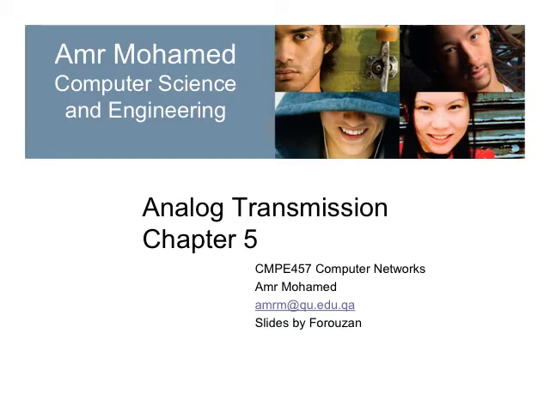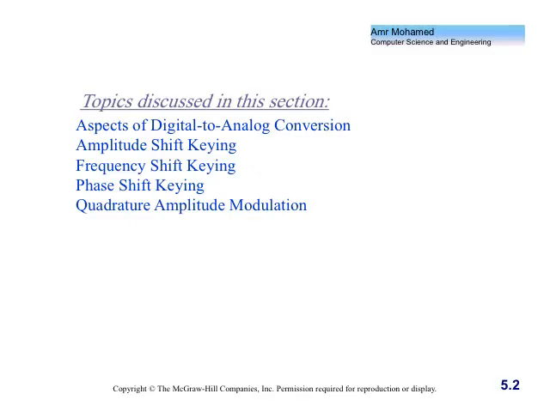So what I will try to do is use the periodic simple signal as much as possible to shift the frequency of the digital data into the frequency domain away from the zero frequency. So the way to do that is using one of these techniques.